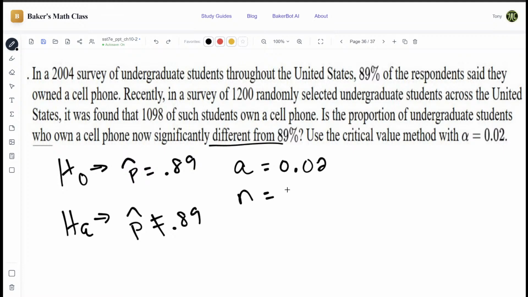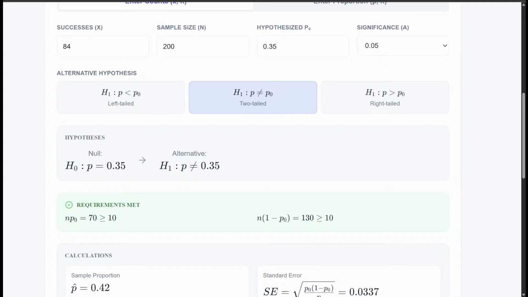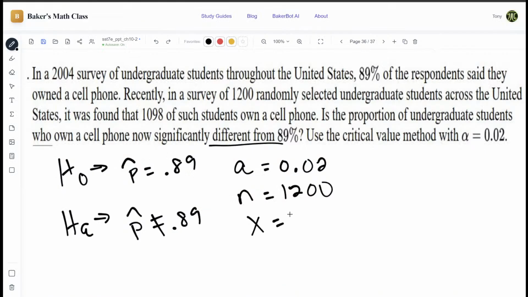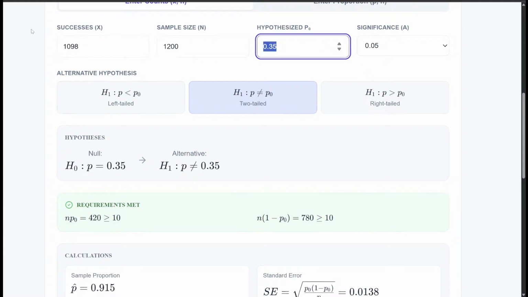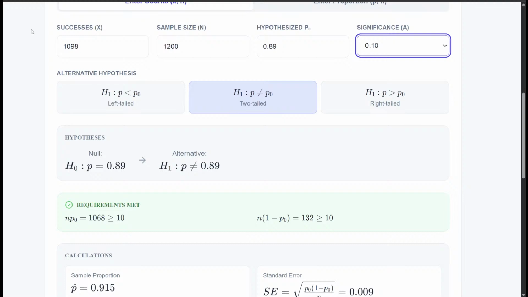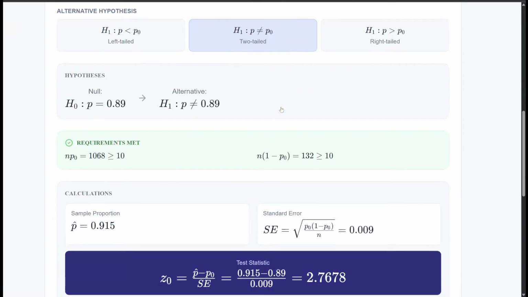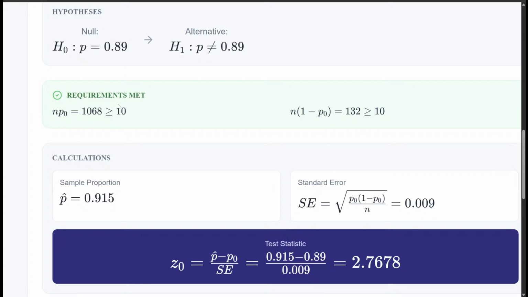My n is 1,200, and my x is 1098 for this one. Oh, and I don't have 0.02. All right, I can go fix those when I get out of here. All right, requirements met. We're good.